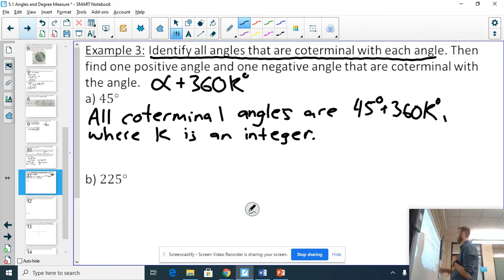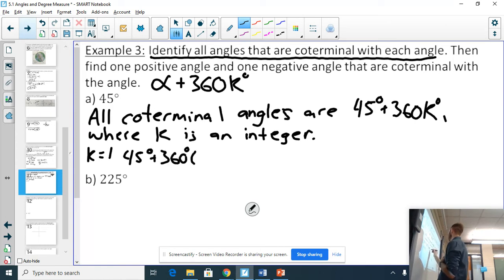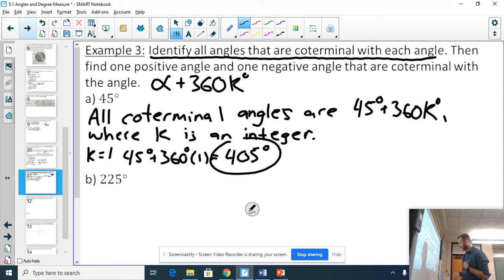So if we do k equals 1, then we're going to have 45 degrees plus 360 degrees times 1, which is essentially we're just adding 360, and that's going to get us 405 degrees. So that's a positive one, right?